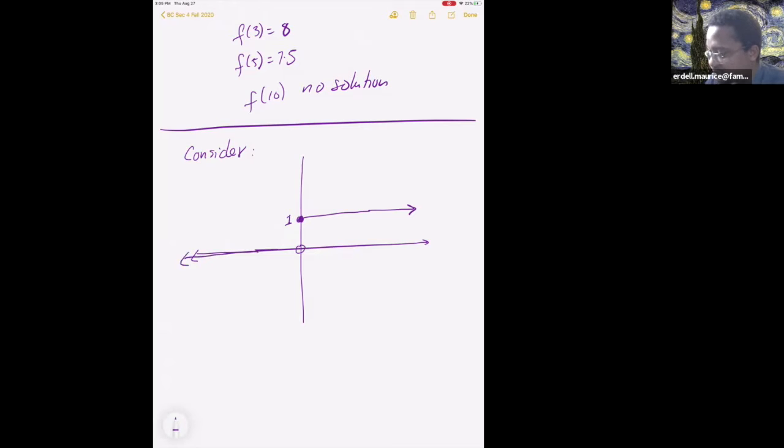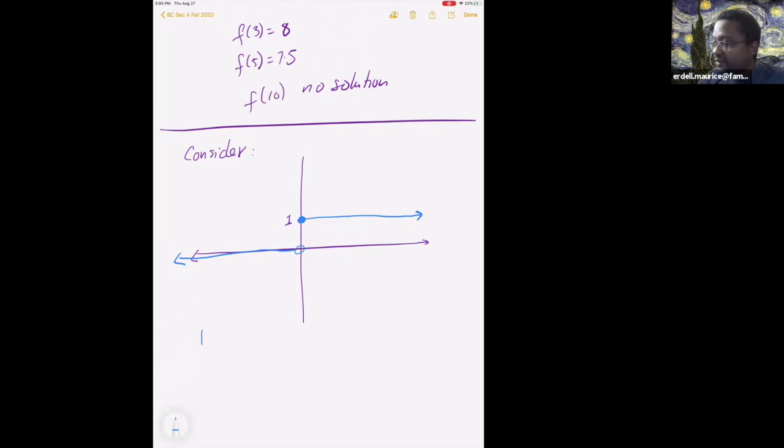I guess I should have drawn it in blue. Hold on, let me redraw it in a different color. It's not going to show up well. So I have a graph in blue, closed circle right here, and it goes always 1, open circle right here, and then always 0.